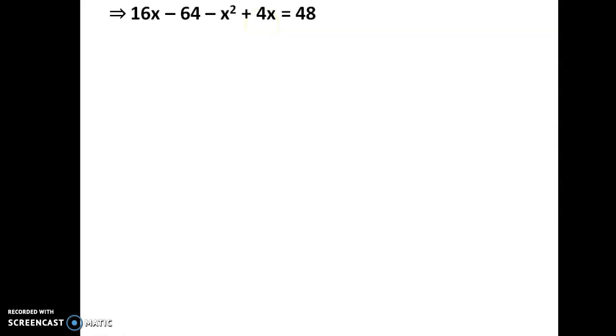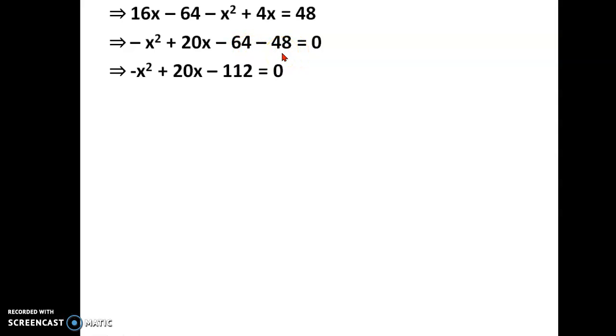Simplify still more. You will get minus x square, and 16x plus 4x will be 20x, and minus 64, and this 48 also came to the LHS. So you will get minus 64 minus 48. Still more you can simplify as minus 112.